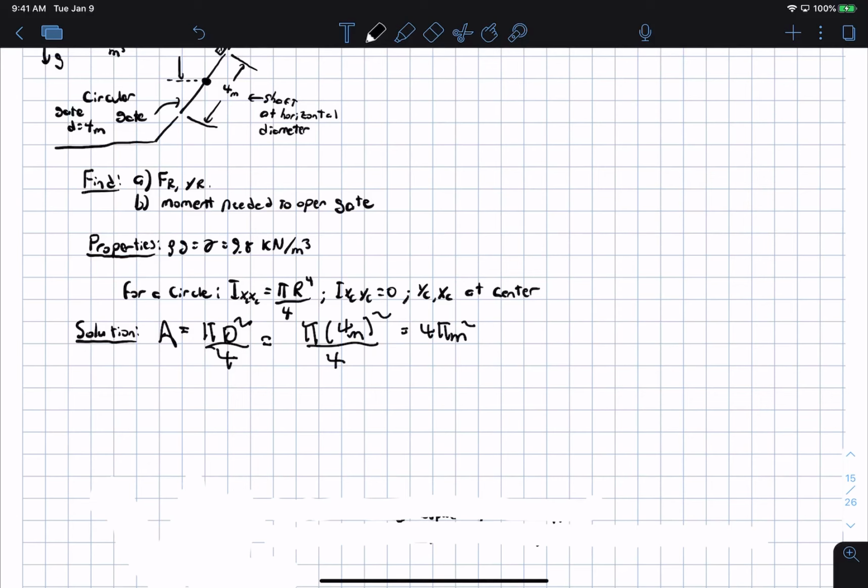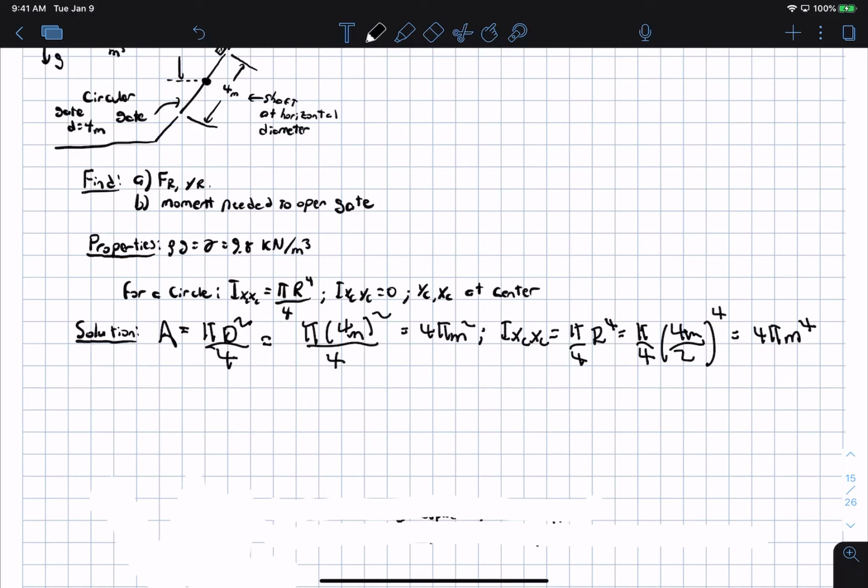Okay, and then the moment of inertia about the centroid is equal to pi over 4 r to the 4th, and that equals pi over 4 times 4 meters over 2, because that's the diameter, to the 4th power, and that equals 4 pi meters to the 4th.